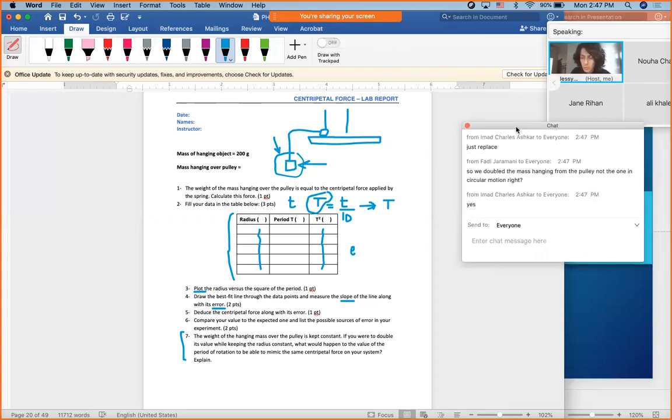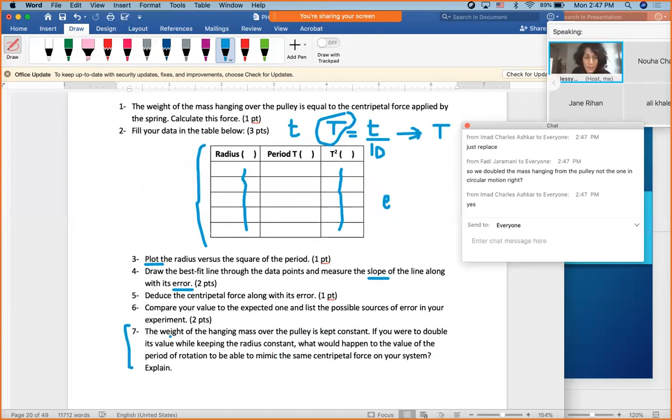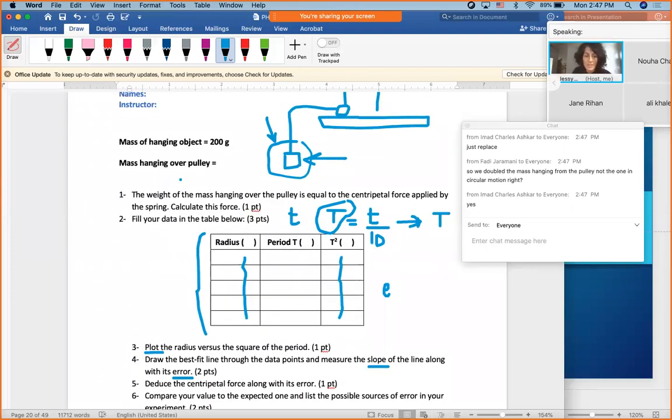Now let's see what with Fadi. So we double the mass hanging from the pulley, the weight of the hanging mass. A lot of students will have difficulties seeing the difference between the hanging mass and the system. Mass of the hanging object, mass hanging over the pulley.